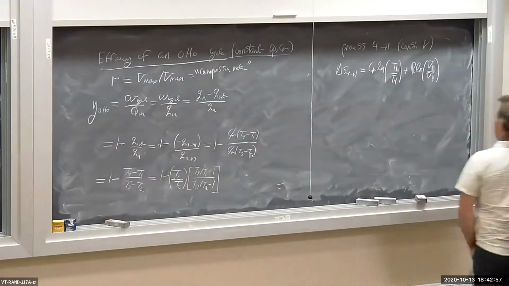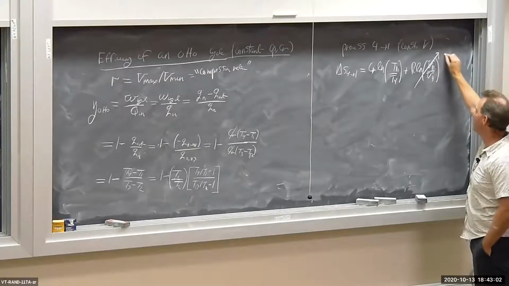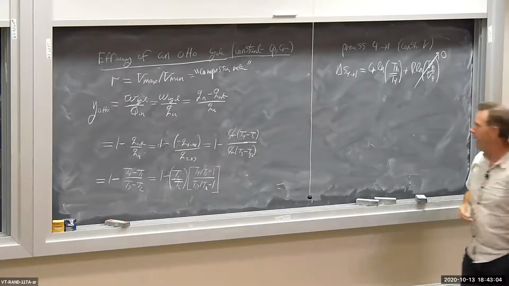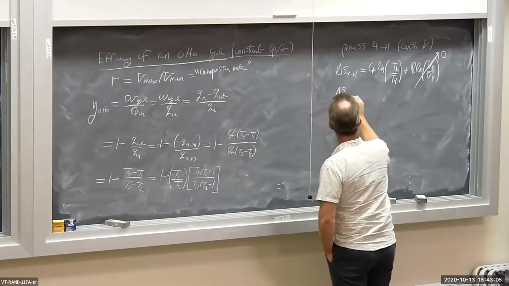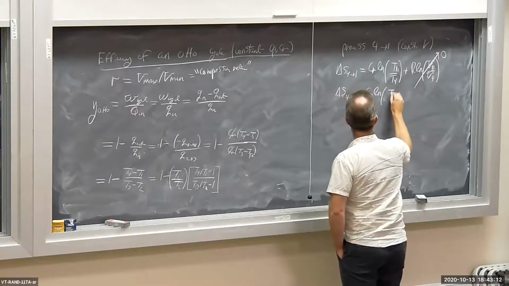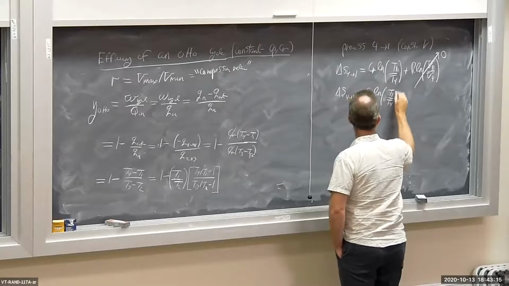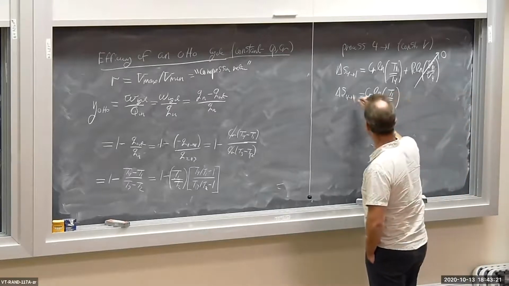Now, this is an isochoric process, so V1 is equal to V4. So this ln of 1 is 0. And so I get delta S from 4 to 1 is equal to CV ln T1 over T4. Okay? Delta S 4 to 1.